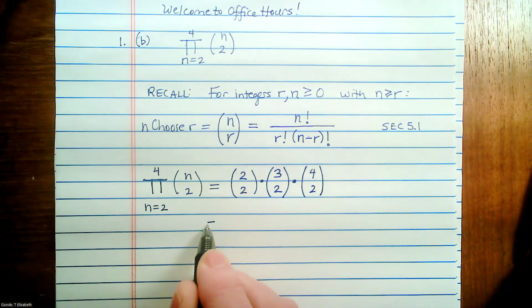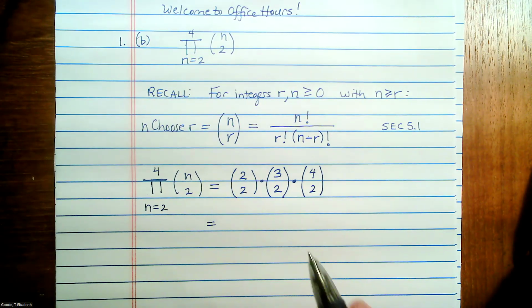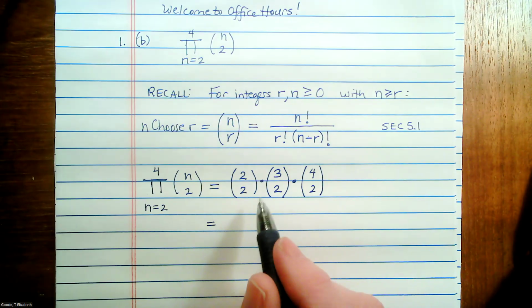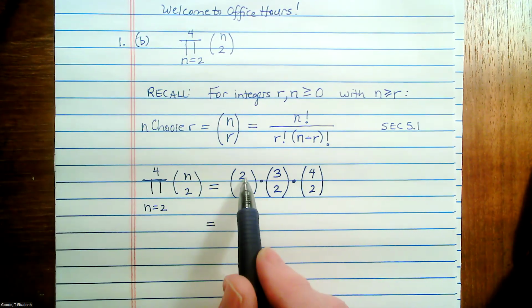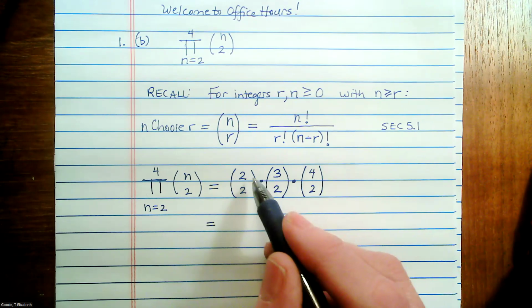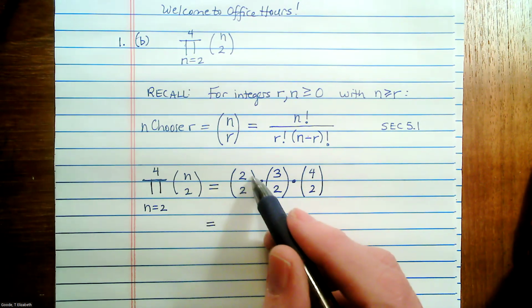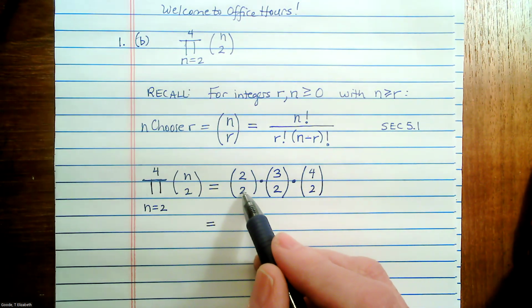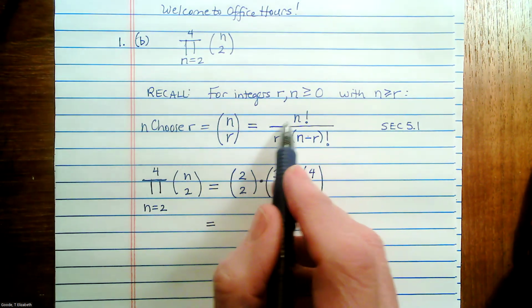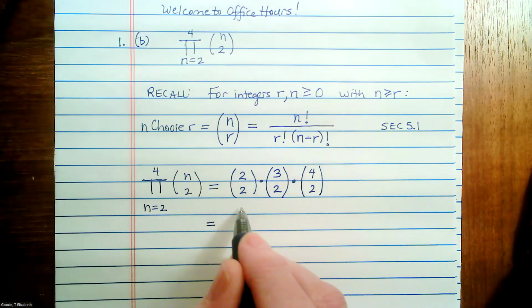All right, so we're going to look at what 2 choose 2 is. You can think about it this way: you have two objects and you want to know how many ways you can choose both of them. It turns out to be one, but we can just use our formula.